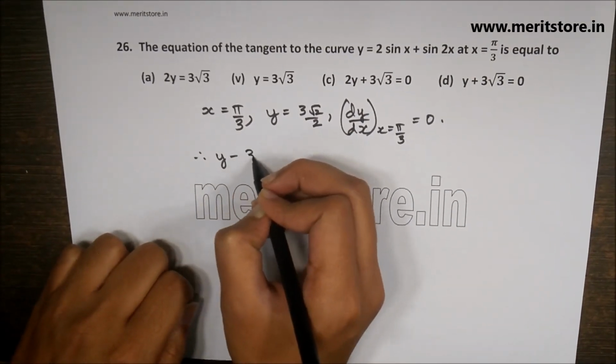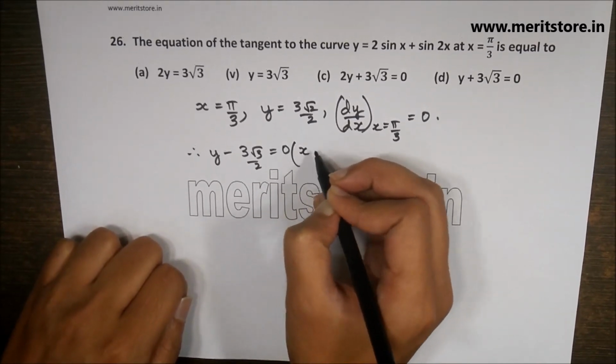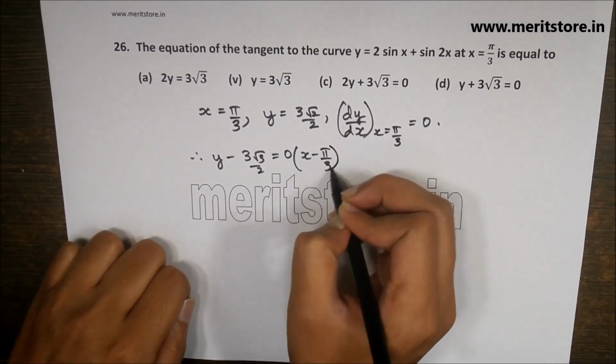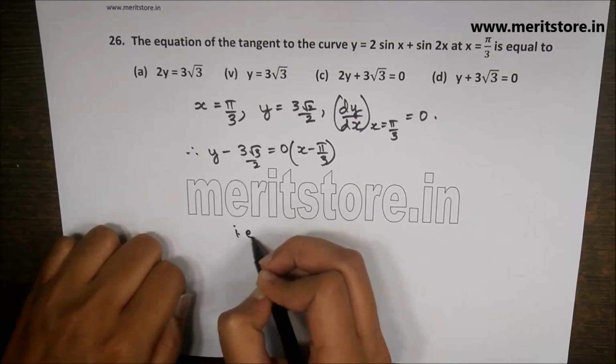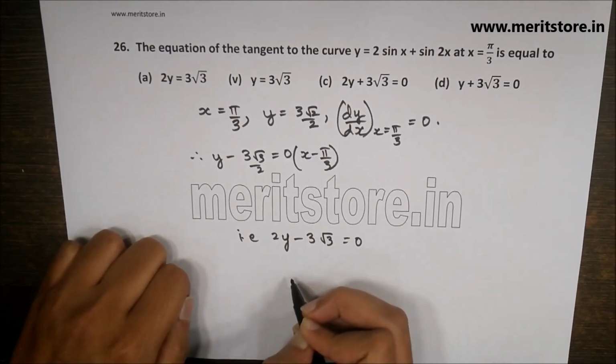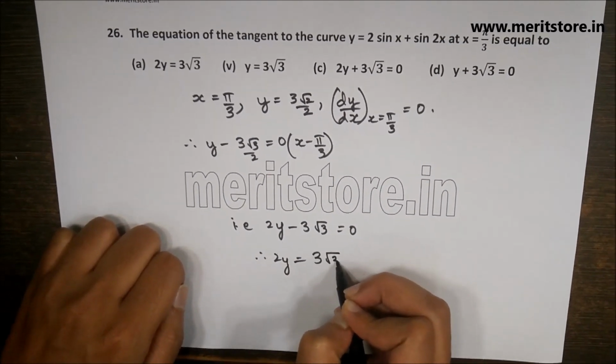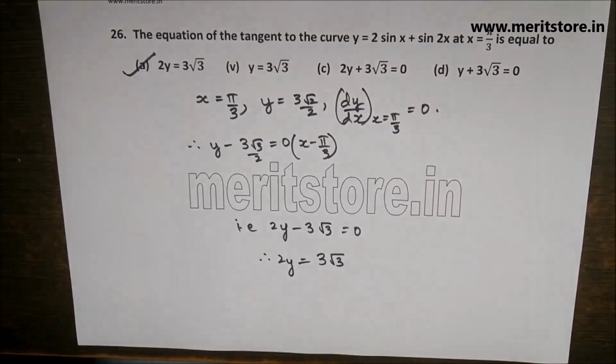Therefore, y minus 3 root 3 upon 2 is equal to 0 times x minus pi by 3, that is 2y minus 3 root 3 is equal to 0. We can write this equation as 2y equal to 3 root 3. So option A is the correct option.